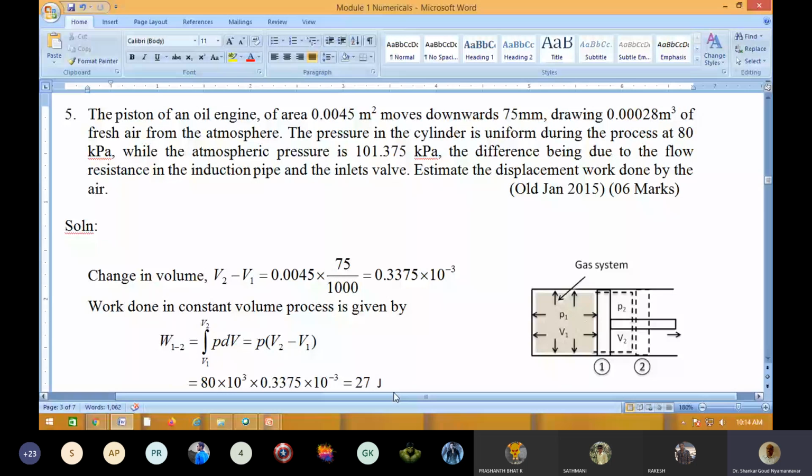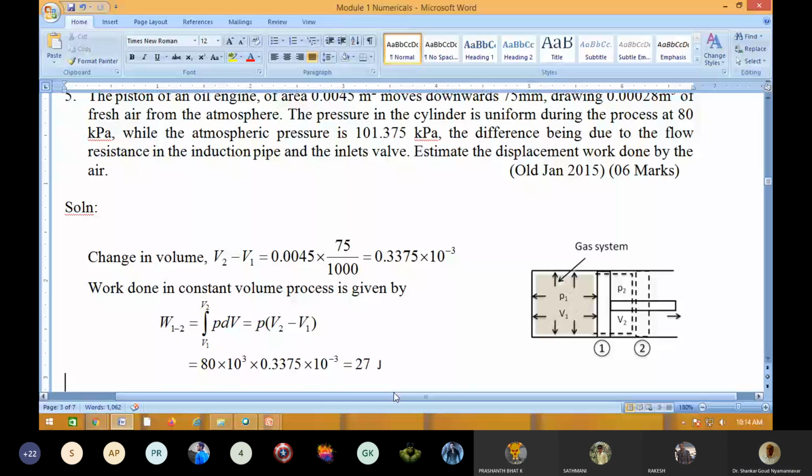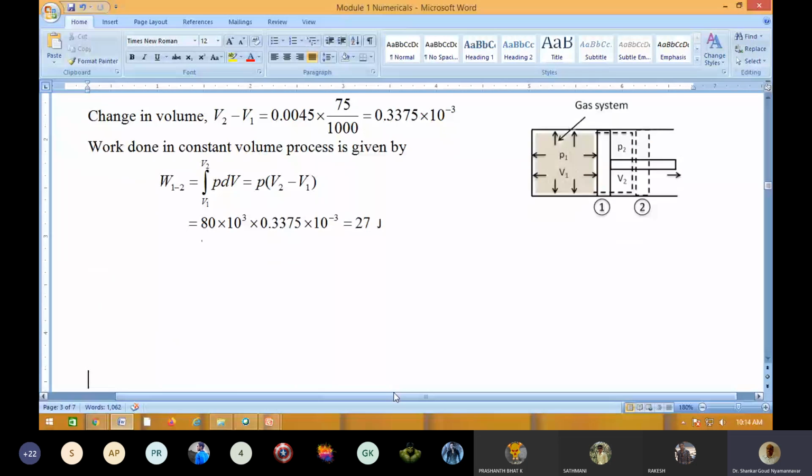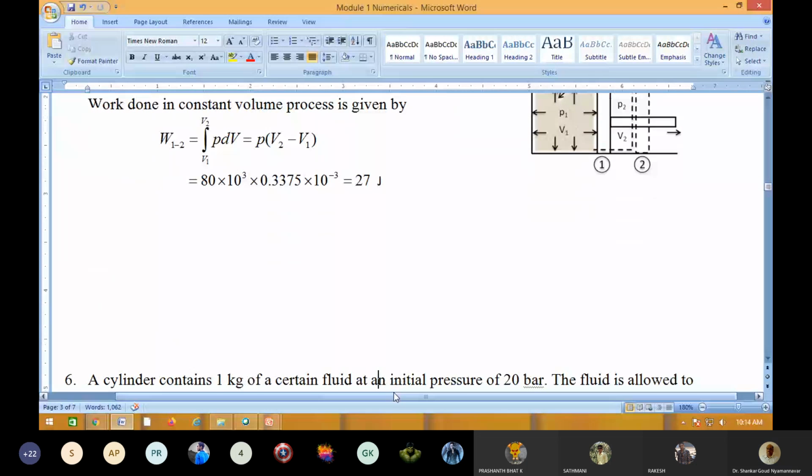Yes or no? Rakesh? Yes, sir. Prerna? Sir, the same answer. 27 joules you are getting? Yes, sir. Okay, everybody is getting a value? Okay, fine. So we'll go to the next problem. It's a simple problem. We solved it. Let us solve one more problem.